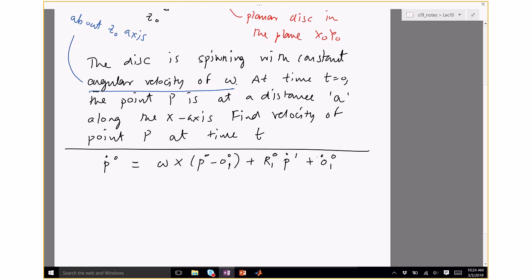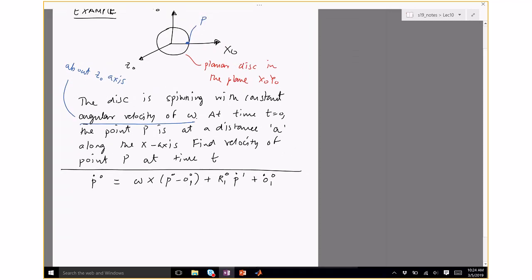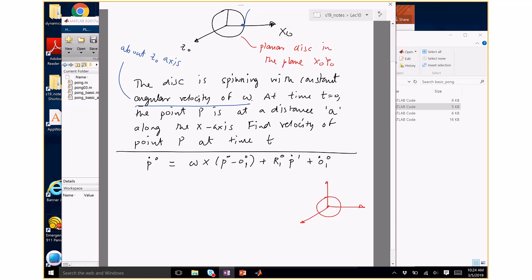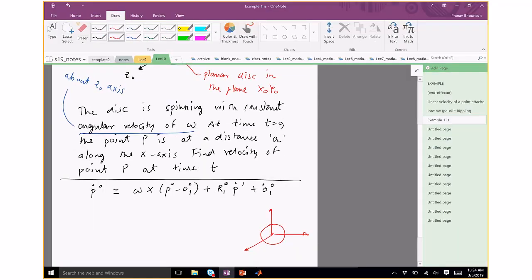Okay, so first of all, as point P moves, the frame which is keeping track of P also rotates with the object. So at a different time, we would have, this is the initial position, and at a new time, x1, y1, and z1.